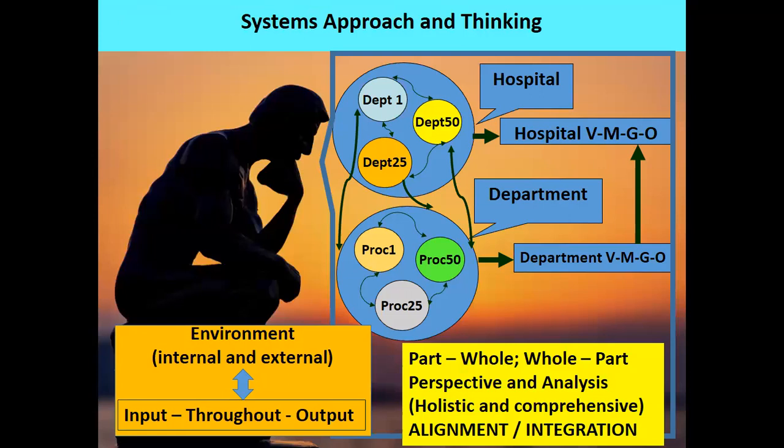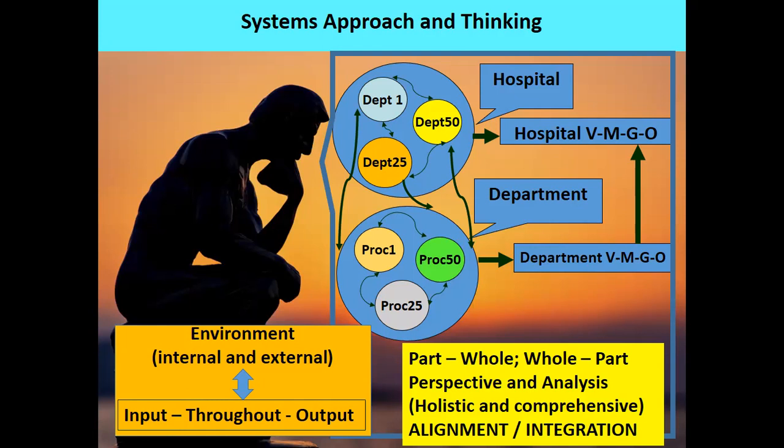This slide illustrates hospital and departments as systems with interrelated parts, with the hospital being the super system, with the various departments as the subsystem, and the interfacing departments as co-systems.